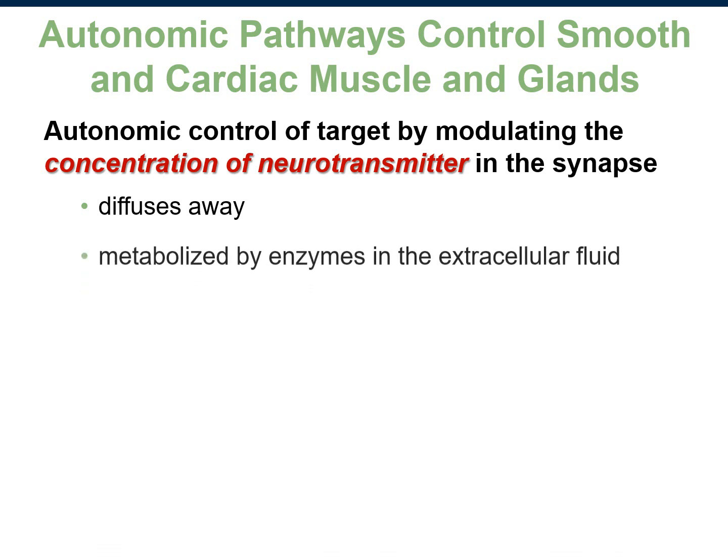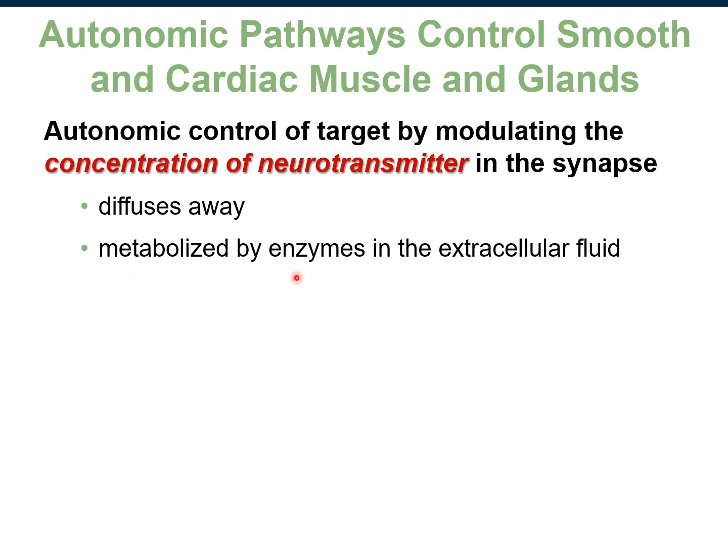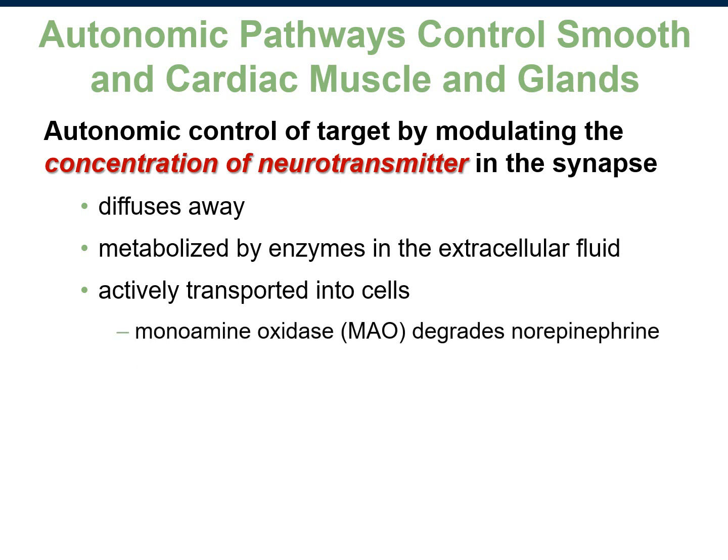So diffusion, it can be metabolized, so enzymatic inactivation. I'm generalizing here a little bit, and when I say that it's in the extracellular fluid, sometimes these things are brought in and then metabolized. I'll show you an example of that. Or there's reuptake, but it's still the same story as before. It's just maybe a slight shade with a little more detail there.